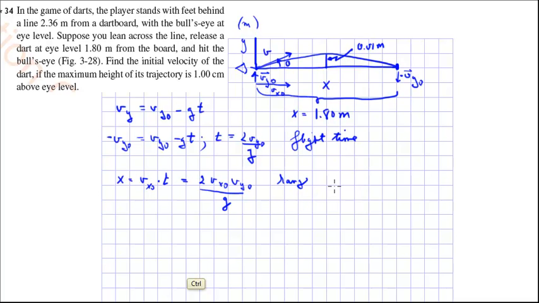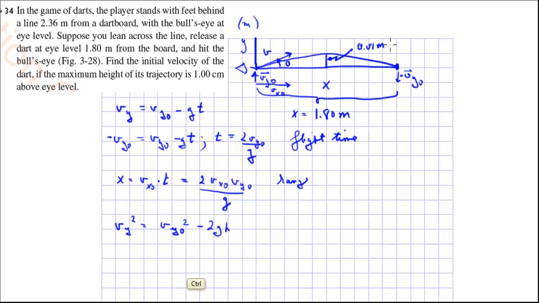Okay, so the next thing to get our hands around is what Vy naught is. In order to do that, I'm going to use the kinematic equation that doesn't have time in it. Vy squared is equal to Vy naught squared minus 2gh.